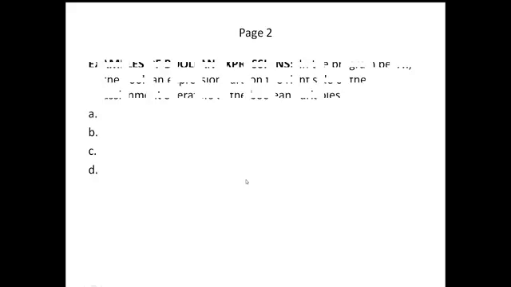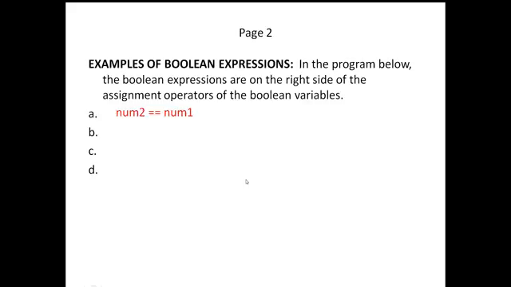So if you go down to Boolean equal to equals num2 equals num1, num2 equals num1 is a Boolean expression. You can pause the video and write in what you think are the Boolean expressions, and then come back and check. So the first one is num2 equals num1. The next one is num2 is greater than num1. And then you have the next one, and then this one's the next one. Those are all Boolean expressions because they're using relational operators, or comparison operators, right here.